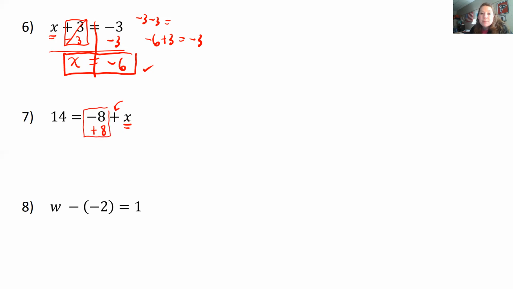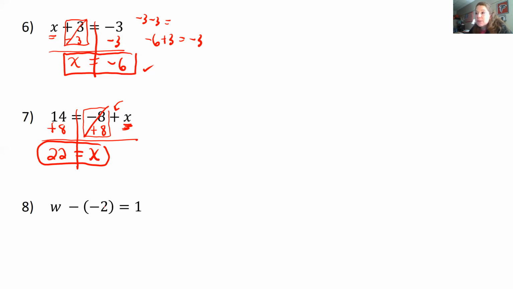Well, doesn't -8 plus 8 equal 0? It does. So then, of course, I have to do everything twice. So this is gone. Bring down my x, bring down my equals, and 14 plus 8 is 22. And if I plugged in 22 right there, -8 plus 22 equals 14.